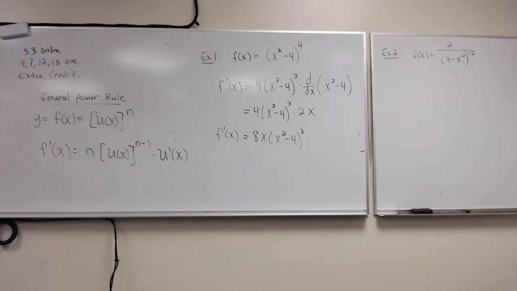Okay, so 2 divided by, and then in parentheses 4 minus x to the minus 2, with a minus 2 power on the outside. Okay, and then here's another thing that I guess becomes a little bit more difficult: you can always take your function as written and apply your derivative rules that way, or is there some way you can rewrite the function and maybe simplify it?